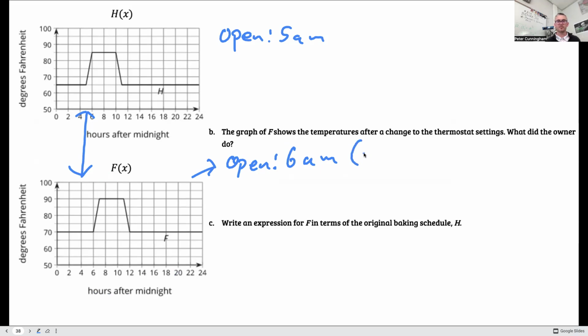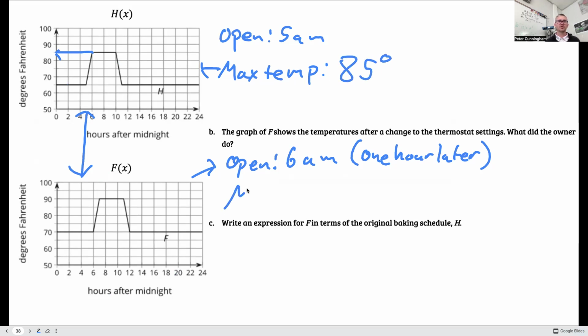So let's think to ourselves, 1 hour later. The max temperature of the original was, what was the max temperature of the original? 85 degrees.